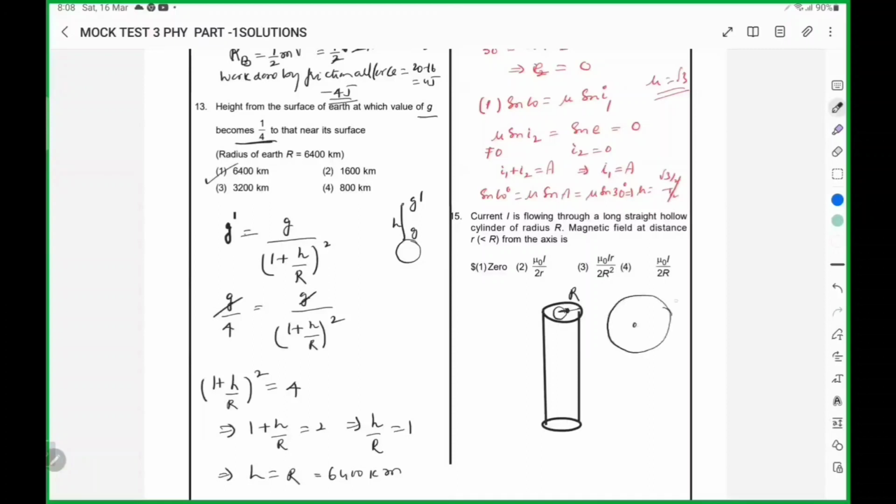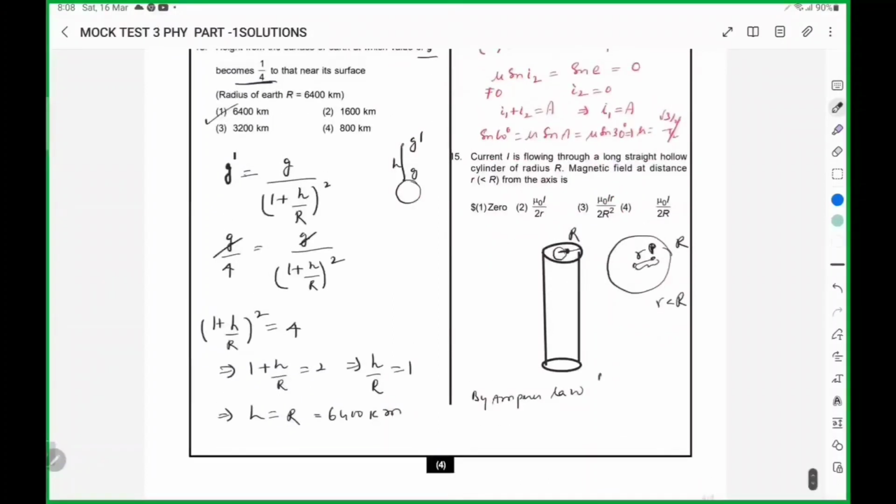Here it is R. He is asking for the magnetic field at a small r, which is less than R. By Ampere's law, the closed integral of B dot dl, the net magnetic field, is equal to mu naught I. Since it is a hollow cylinder, the current I inside the hollow cylinder is 0.